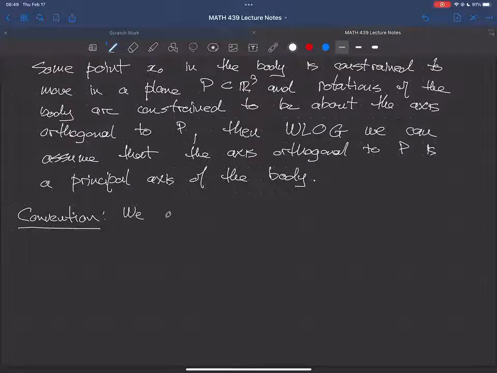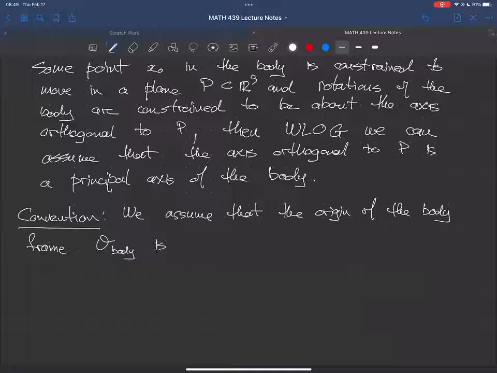So we assume that the origin of the body frame, and a long time ago we called that O body, is located at the center of mass of the body.